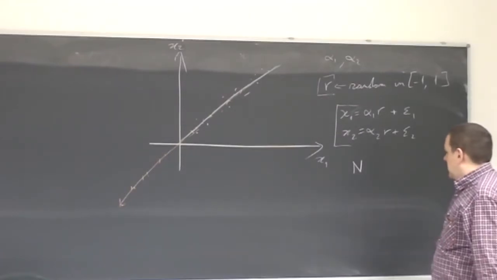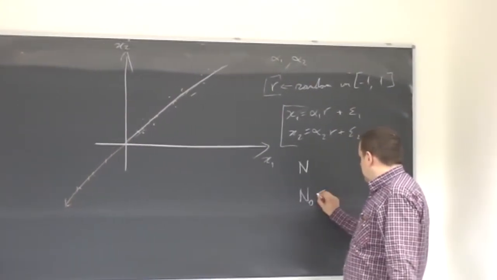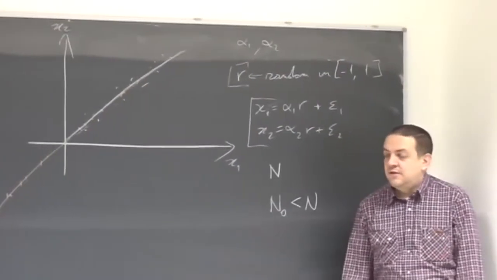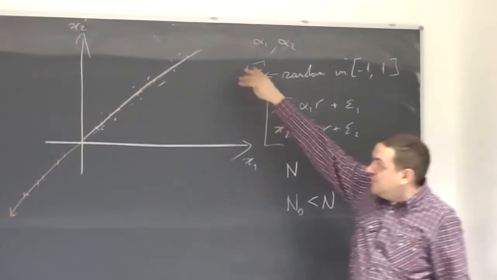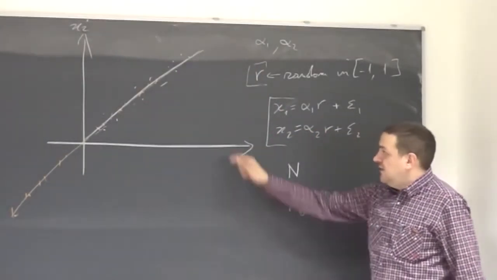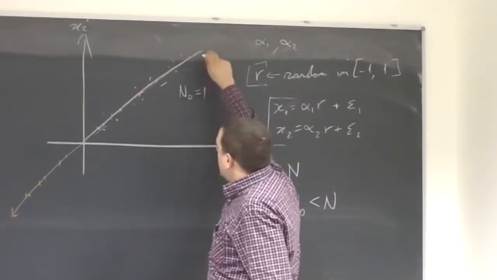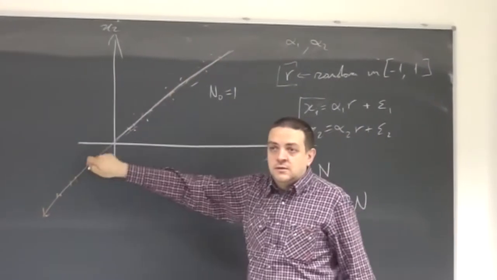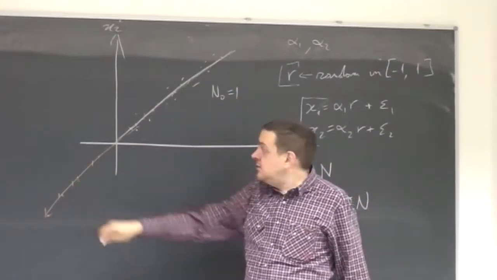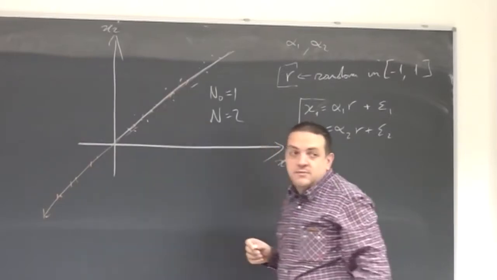So let's call, I don't know, n0 less than n, the actual number of dimensions of the cloud. In this case, for example, we had n0 equal to 1, in the sense that the points would stay on a line, and n equal to 2 because we are in a 2-dimensional space.